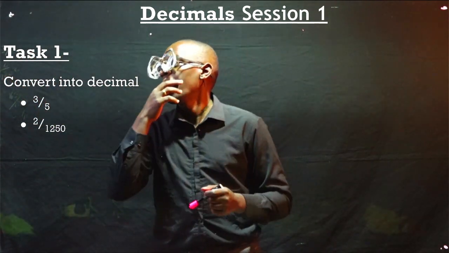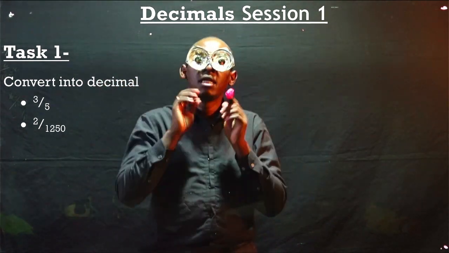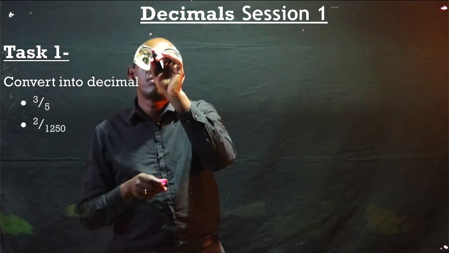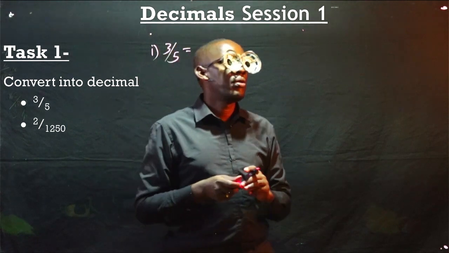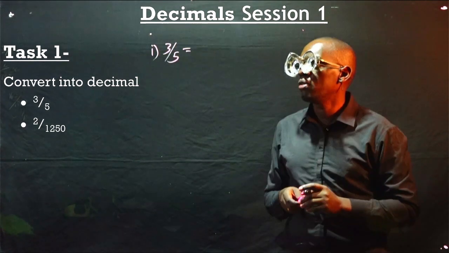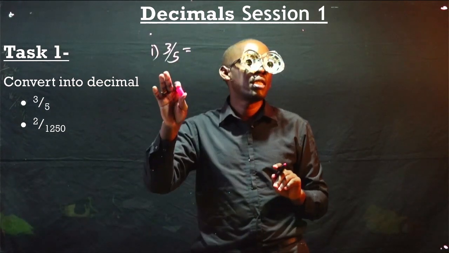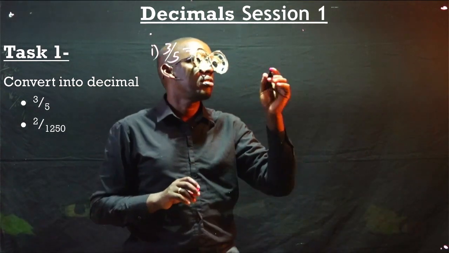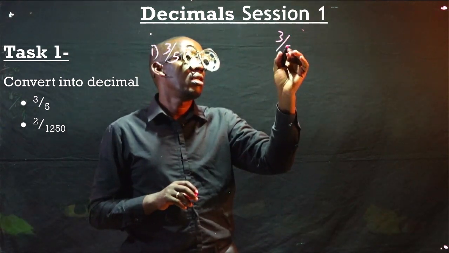This is 3 over 5. So let's start with this. Can we convert this into a decimal? What do we need to do? Let me write it on this side. 3 over 5.